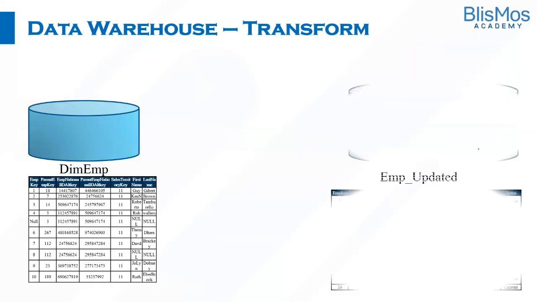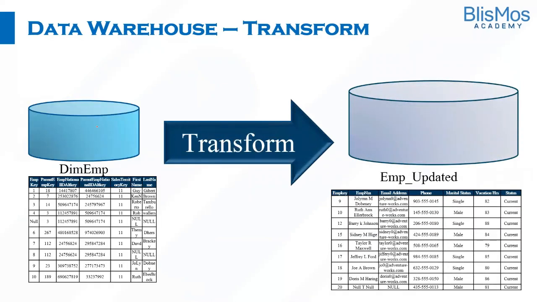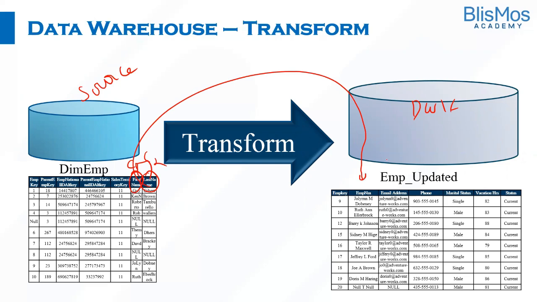Taking an example here, we are taking data from the source, assuming that it is a staging area, and we are loading that into the data warehouse. If you see, we have first name and last name as two columns here, column 1, column 2. But in the case of the data warehouse, we have only one column for the whole employee name. That is a very simple example of transformation.